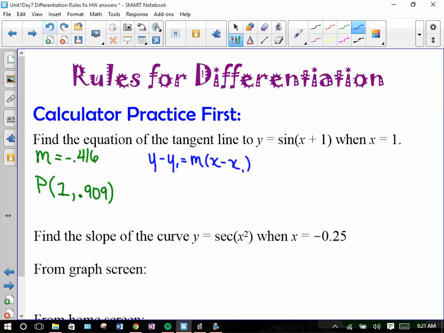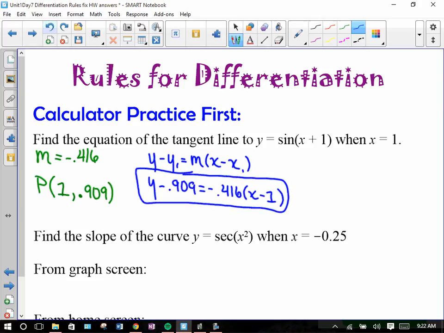So it's y minus 0.909 equals our slope, negative 0.416, times x minus 1. And that is the equation of the line tangent to the function y equals sine of x plus 1 at x equals 1.